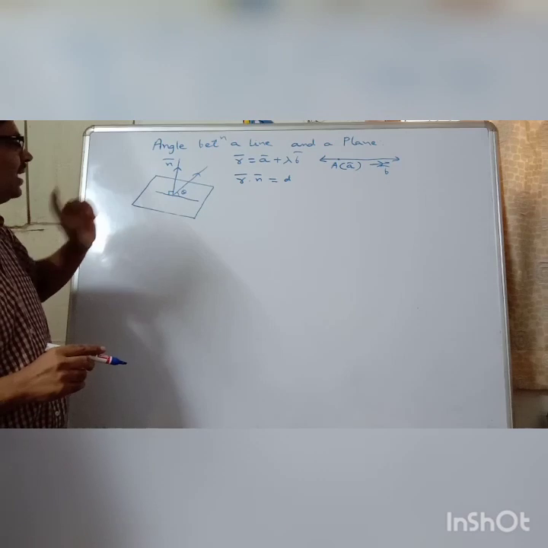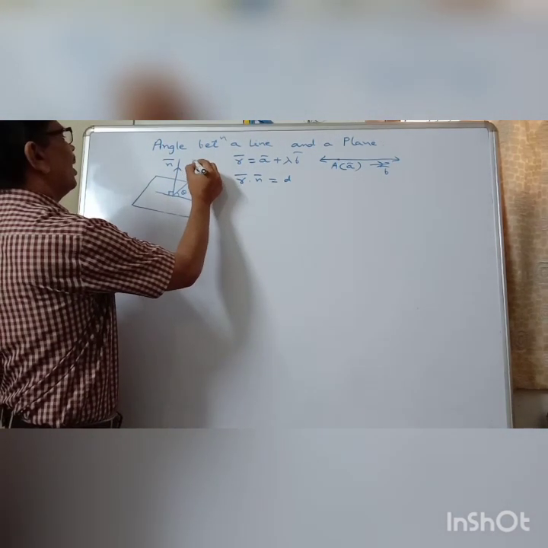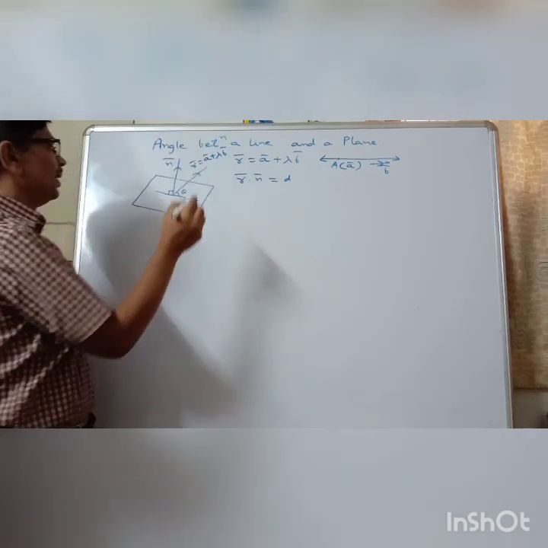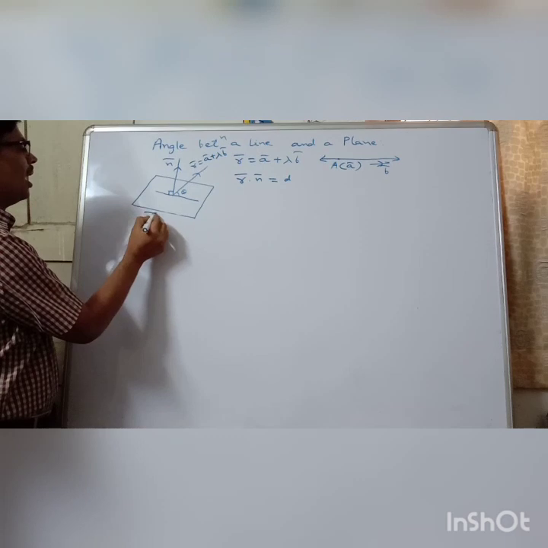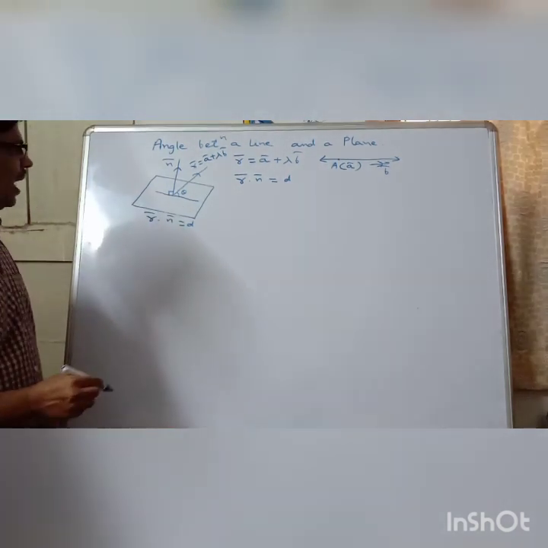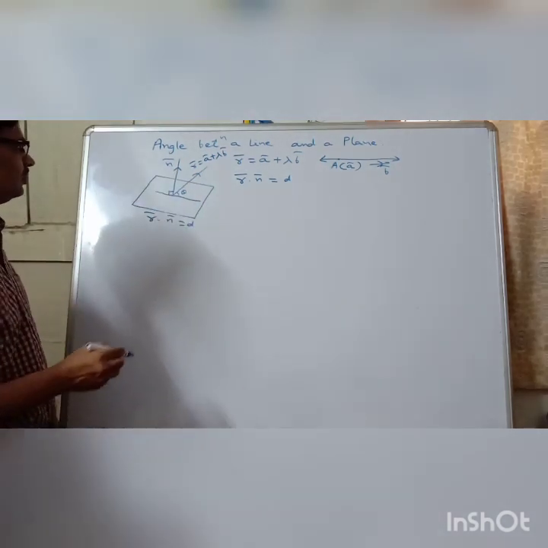N bar is a normal vector. This is the line, R bar equals A bar plus lambda B bar. This is the plane, R bar dot n bar equals D. We have to find the angle between the plane and the line.